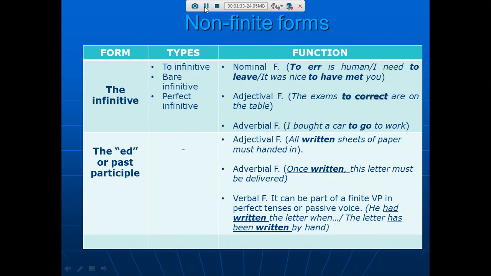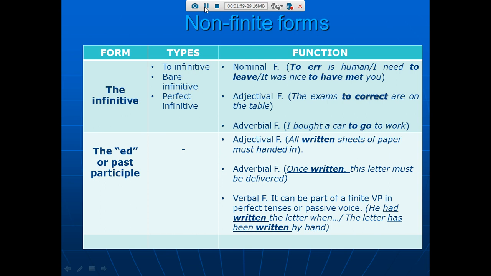A very quick revision of the non-finite forms in English: the infinitive, the ed or past participle, and the ing forms. The infinitive can have nominal and adjectival function, and also adverbial function. The ed or past participle form can also have adjectival, adverbial function, and even verbal function.